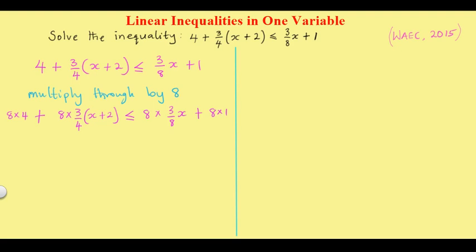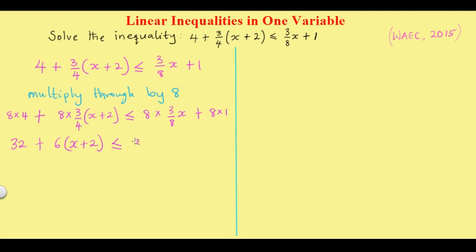So multiplying 8 by 4, what does that give us? That gives us 32. So here we have 32 plus, when you multiply this, 4 goes here 1, 4 goes here 2. Then we use that 2 to multiply 3. That's 6, open bracket, x plus 2, less than or equals to, the 8 here can cut this 8.